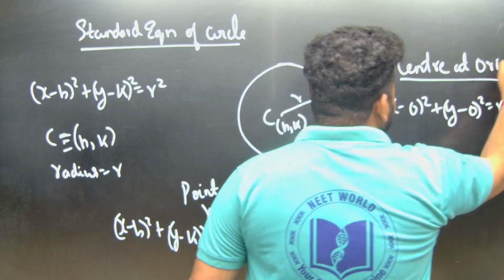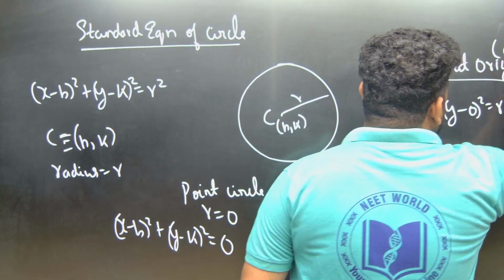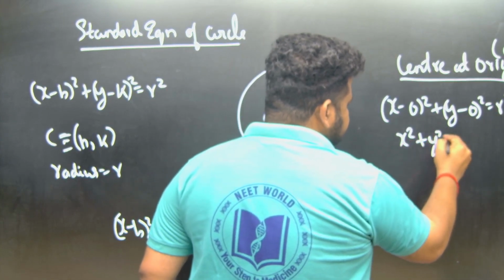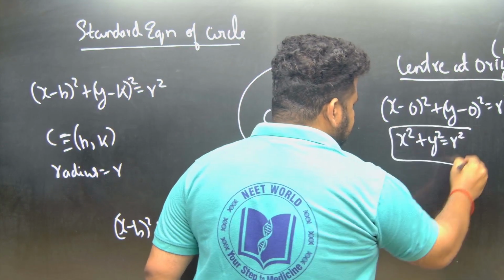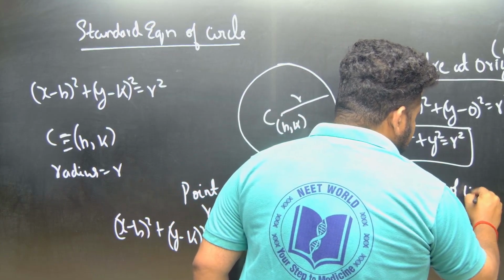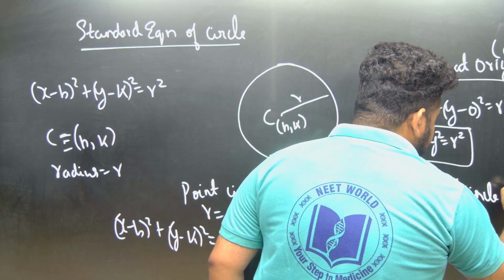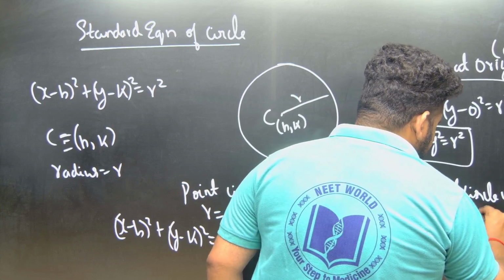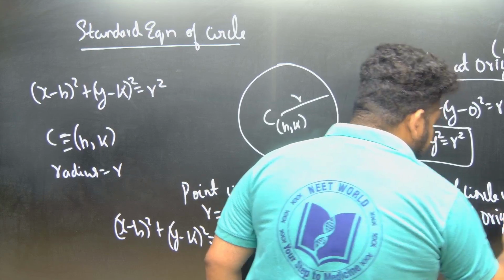Why 0? Because the coordinates of the origin are (0, 0). Simply put, I can write it as x square plus y square is equal to r square. This is nothing but the equation of a circle with center at origin.